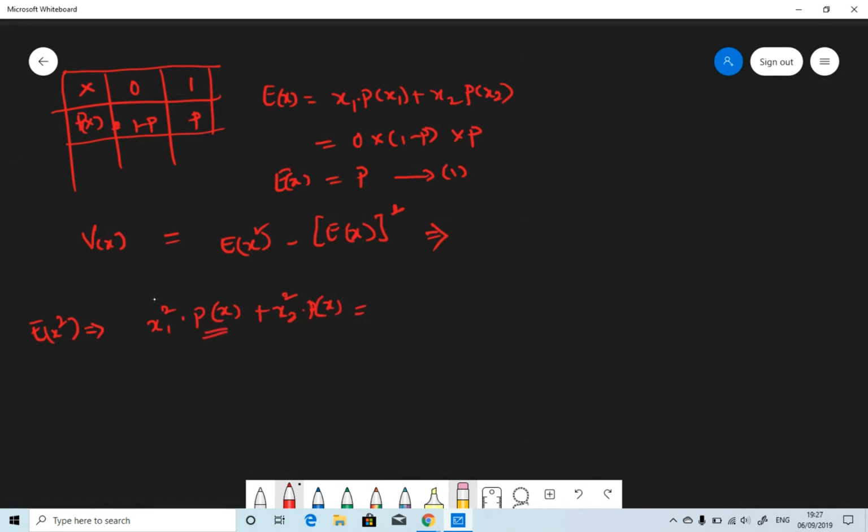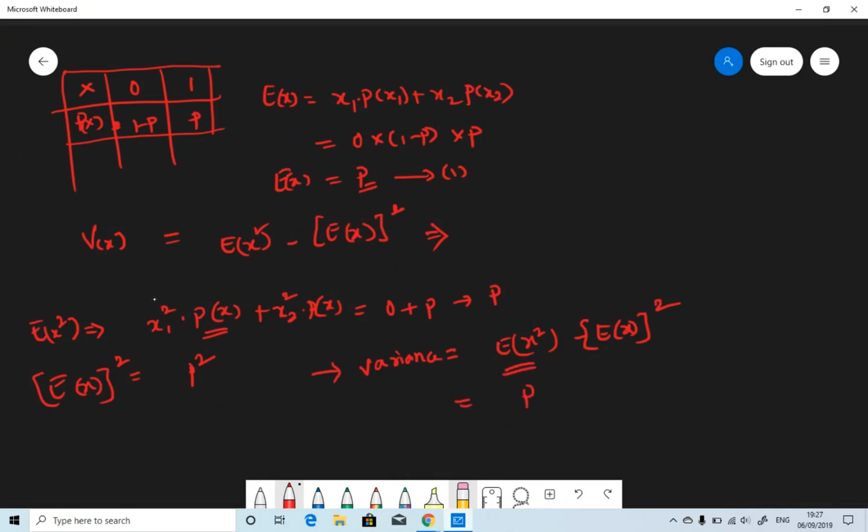This becomes 0 plus p, so I got p. E of x whole square, where E of x equals p, becomes p square. My variance becomes E of x square minus E of x whole square. Here E of x square is p. This is my equation 2.